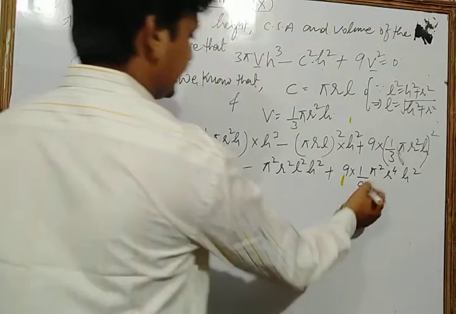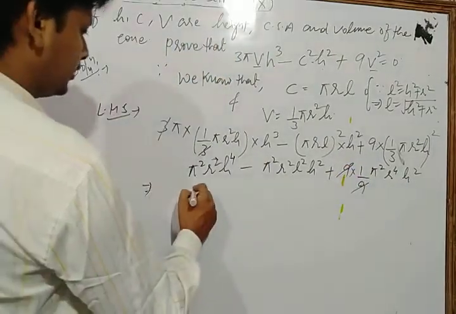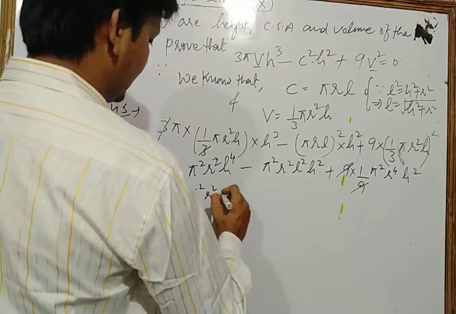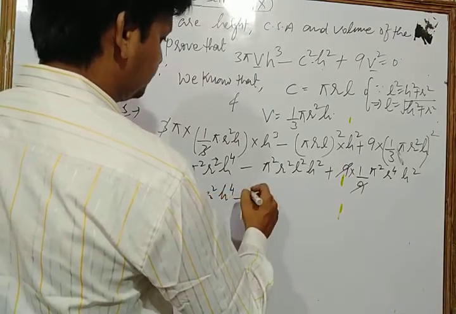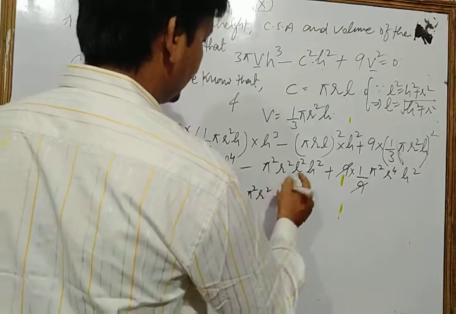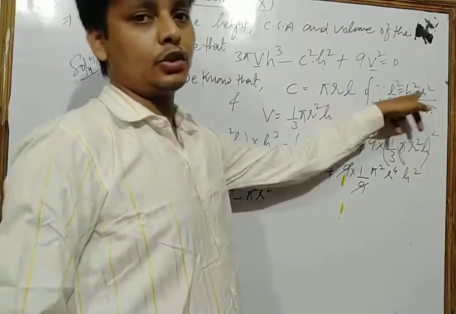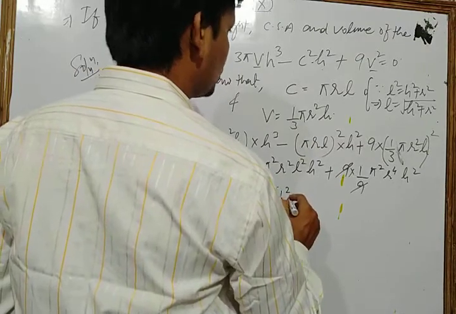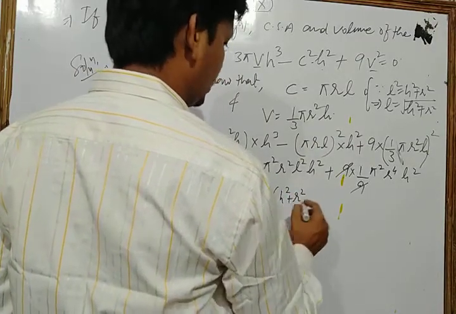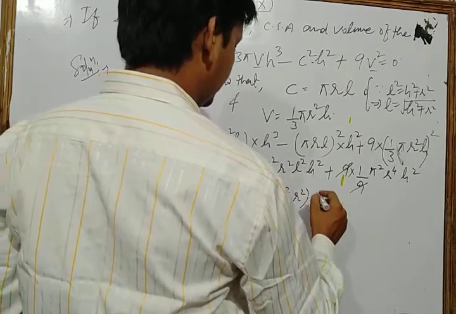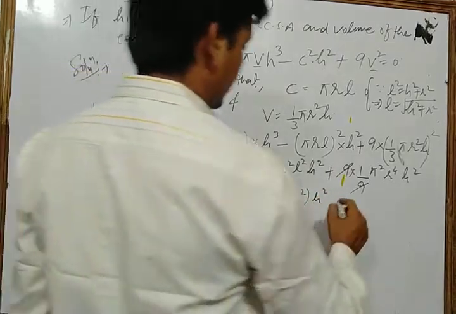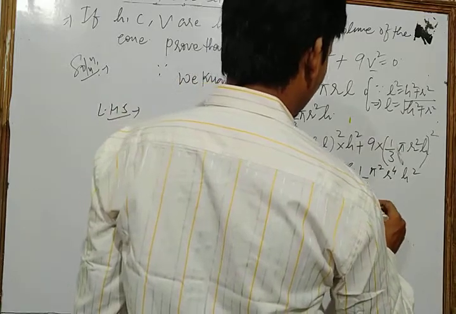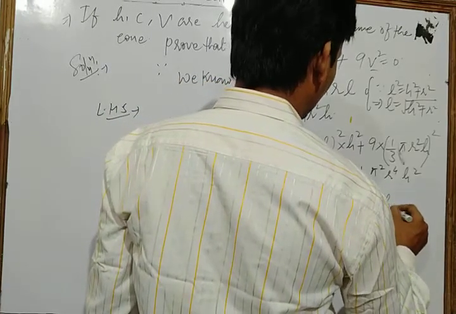Now the 9 cancels. Here we get pi square R square H to the power 4 minus pi square R square. The value of L square is H square plus R square, so here we put L square as H square plus R square, and H square is written as it is, plus pi square R to the power 4 H square.